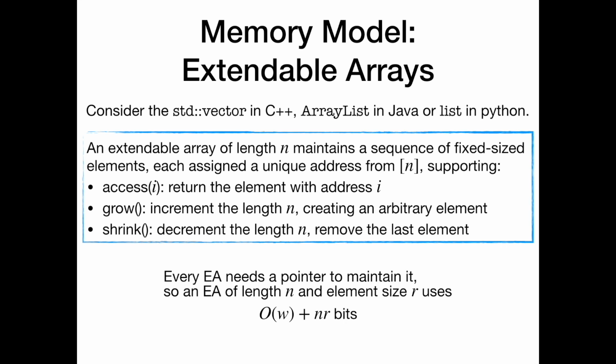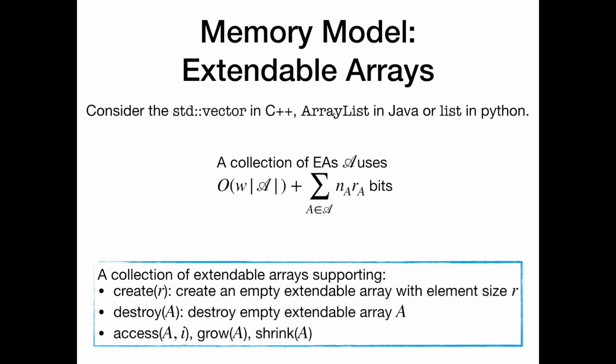Every record in the same array has the same size. So, an extendable array of length n and record size r bits uses O(W) plus nr bits, where W is the word size of our computer. Similarly, a collection of extendable arrays has space usage of this.